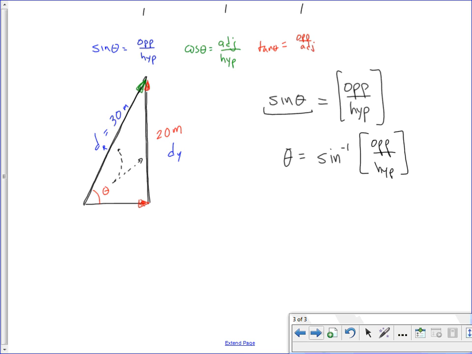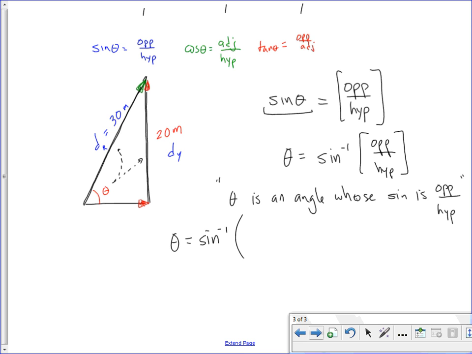Or what I say is theta is an angle whose sine is, in this example, opposite over hypotenuse.